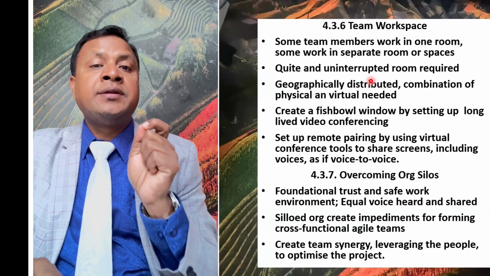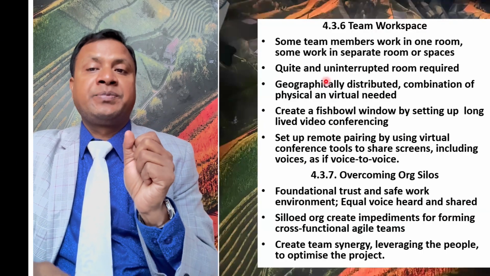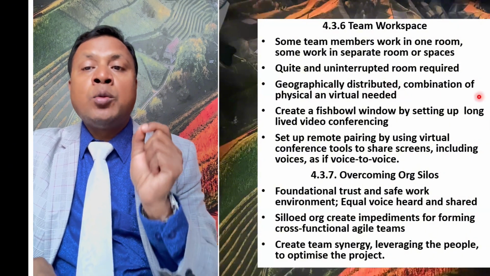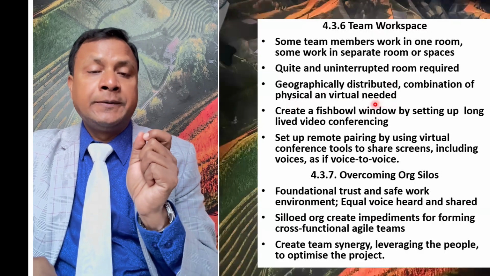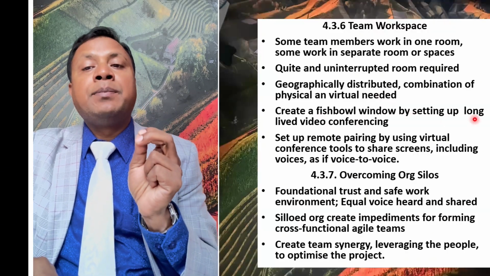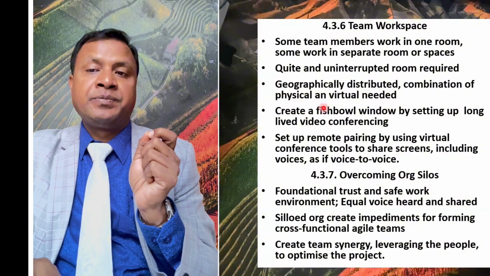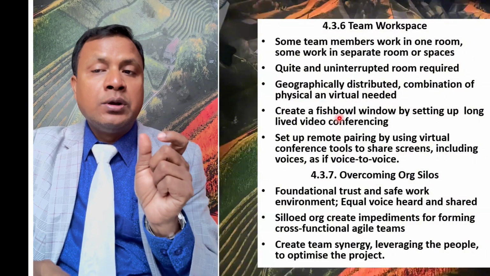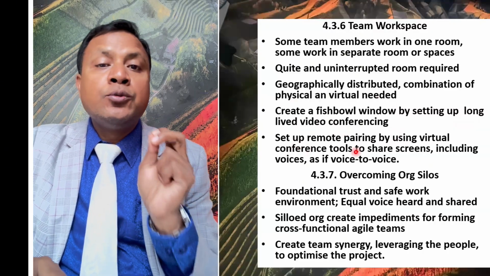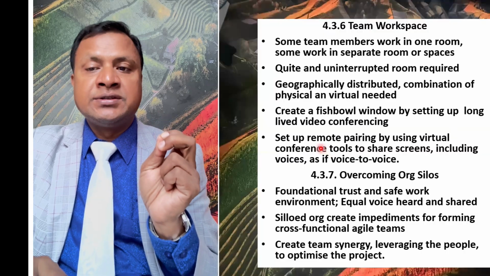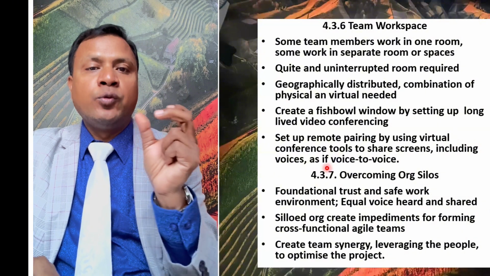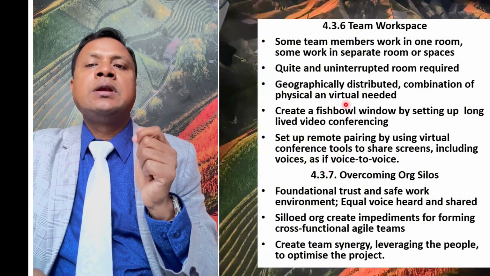And a geographically distributed workspace is possible, but a combination of physical and virtual is also needed, depending on necessity. In a virtual team, creating a fishbowl window by setting up a long-live video conference, and setting up remote pairing by using virtual conference tools to share screens or include voices as if they are talking voice to voice, also helps in virtual team working.